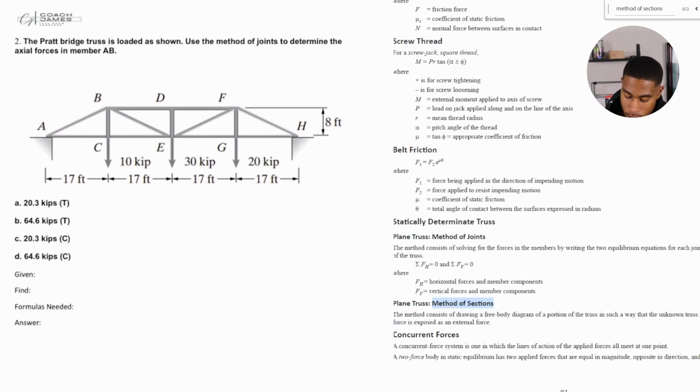So first things first, we are given an image, right, with external loads and dimensions, right? Okay.